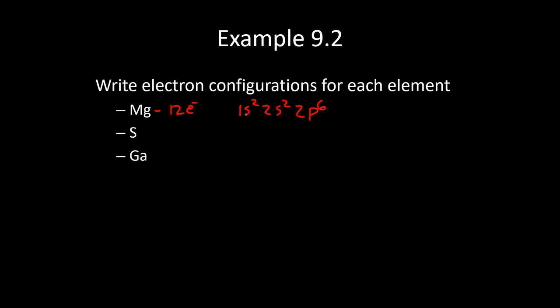So far I've put in 10 electrons. The next highest, or lowest, depending on which direction you're looking from, subshell is the 3s. And it can hold 2 electrons, which is all the electrons I have left, because I only have 12 electrons. So that is the electron configuration for magnesium.